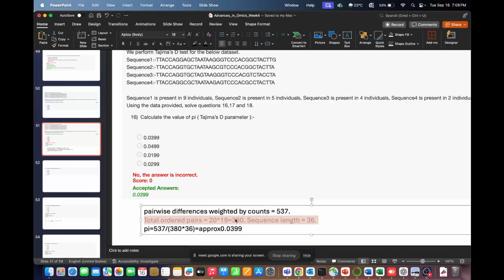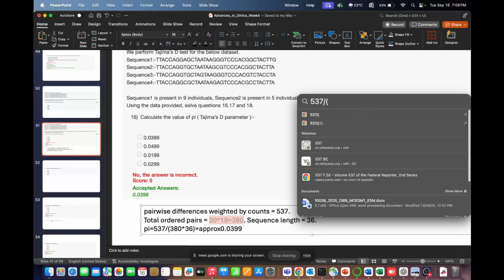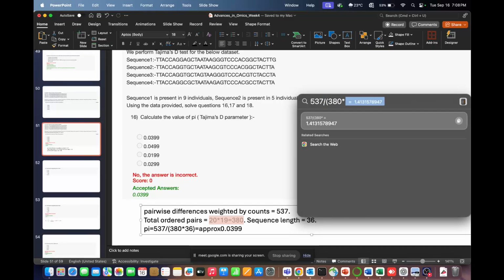So the total number of ordered pairs is 380, and in this case I thought the sequence length is 36, so 35. Even with this, is it not coming? Let me try once. 537 divided by 3 times 6. Okay, it's coming a little bit more.